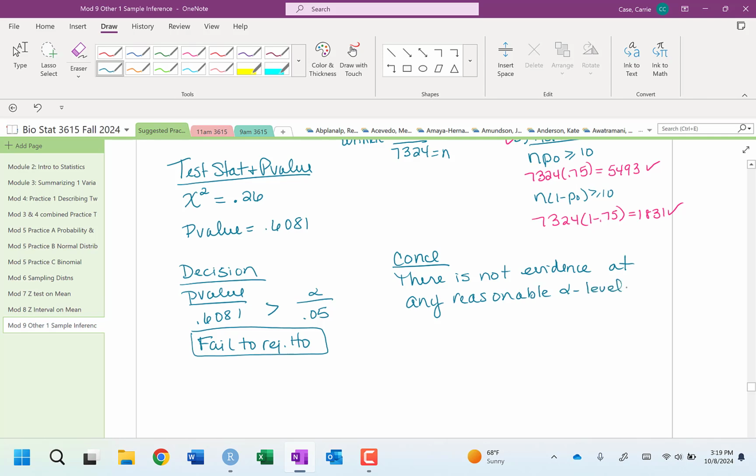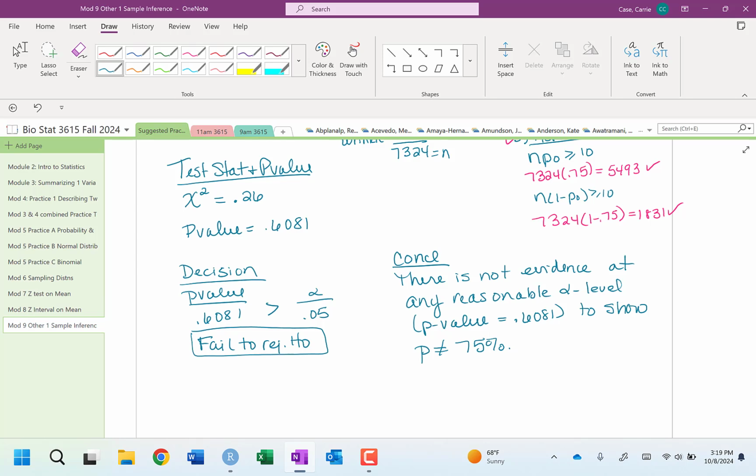And notice I say that just because our p-value is so big, and I'm going to include the p-value here. P-value is equal to 0.6081, to show that p is not 75%. Remember, we can never prove Ho. We just are trying to prove Ha, and there was no evidence for that.